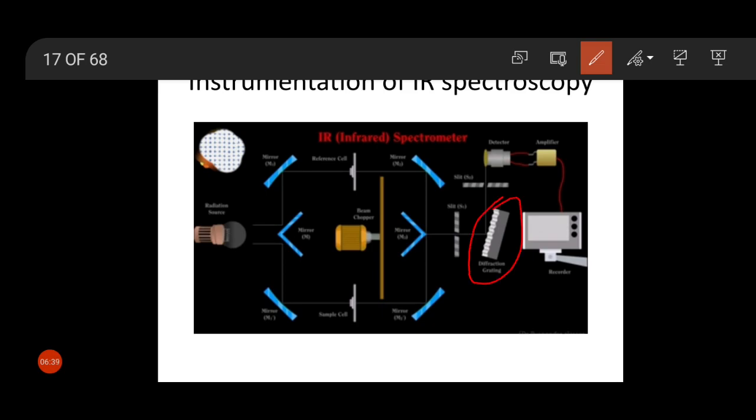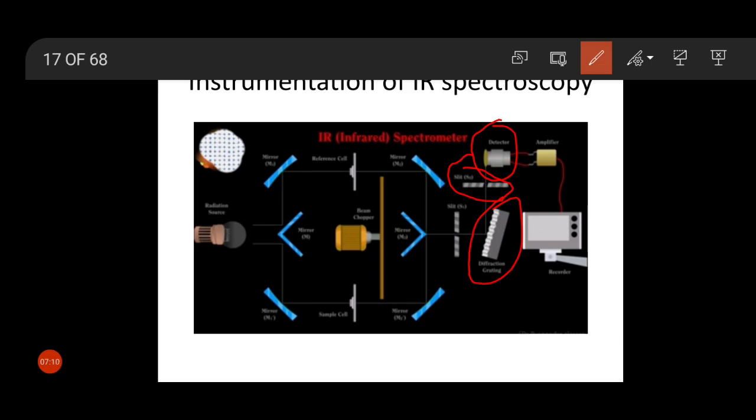After slit S1 there is the diffraction grating, and this diffraction grating is used to improve the resolution of the IR spectrum. After the diffraction grating in the IR instrument there is slit 2. This is the second slit, and then there is one detector.